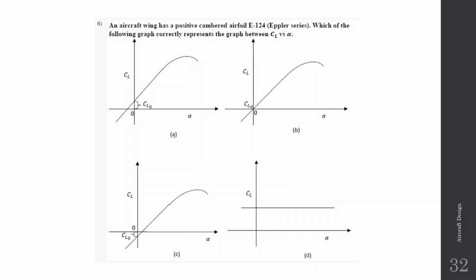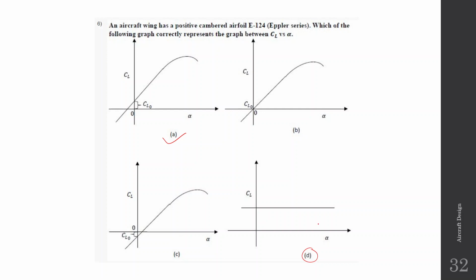Okay, yes, the answer is A in this case. So let us discuss all the things. First, let us discuss the D graph. Here we can see that CL is not changing with alpha at all.